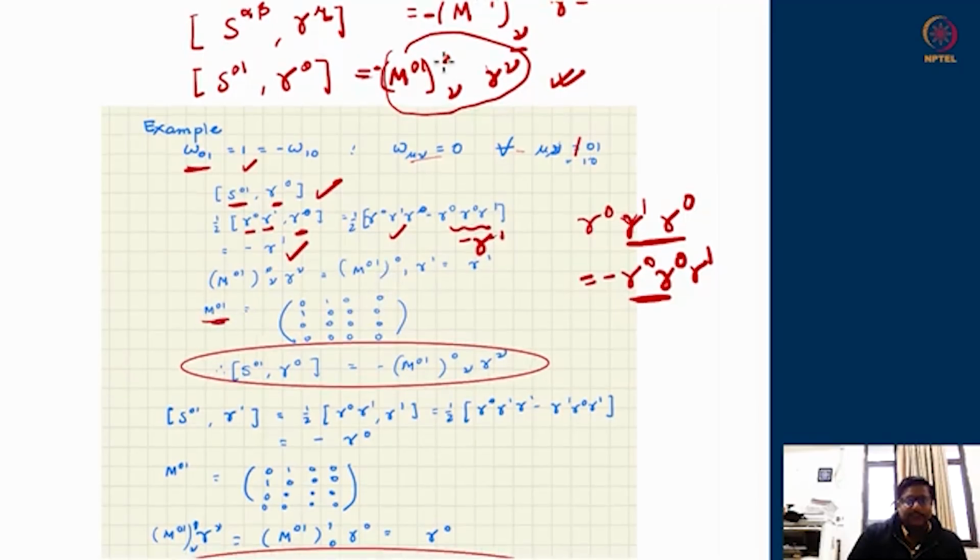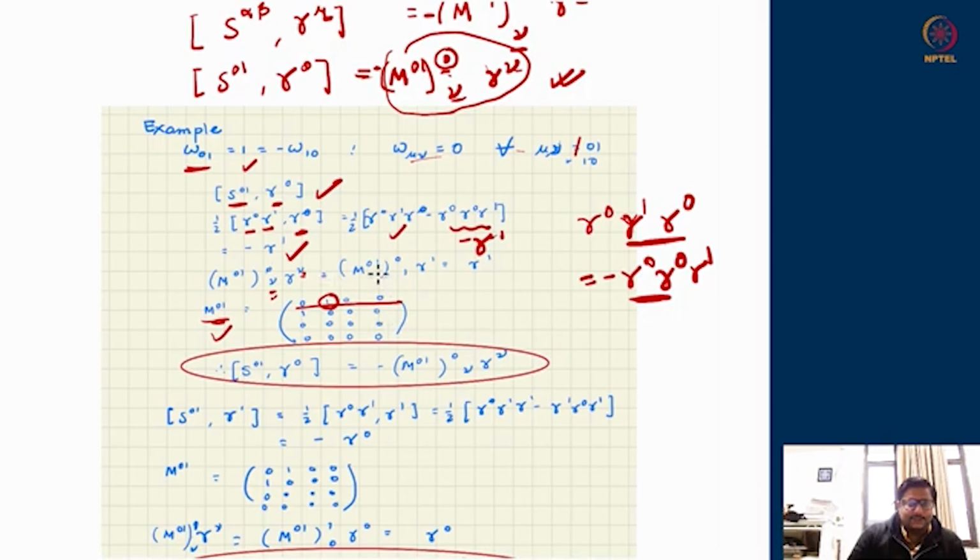M01, this is the row which is 0th. This is the column, and nu gets summed over the first entry, second entry, third entry, and fourth entry. So M01 along this row has only one non-zero element. When I sum over nu, which takes values 0, 1, 2, 3, out of these 4 entries only M01 01 is surviving, because the M01 matrix is this.